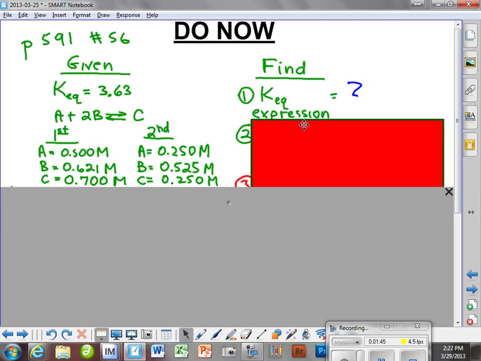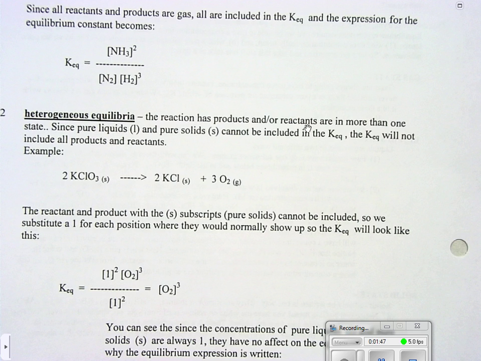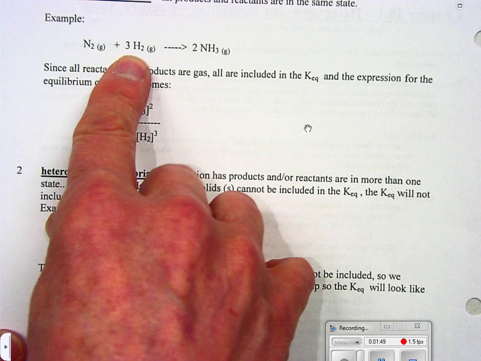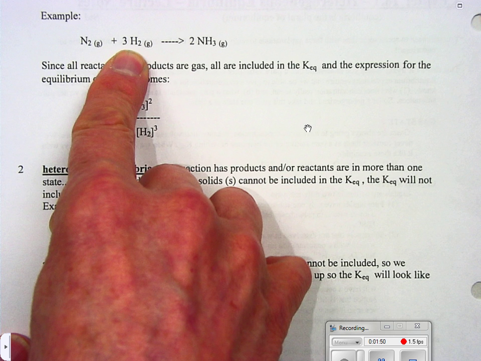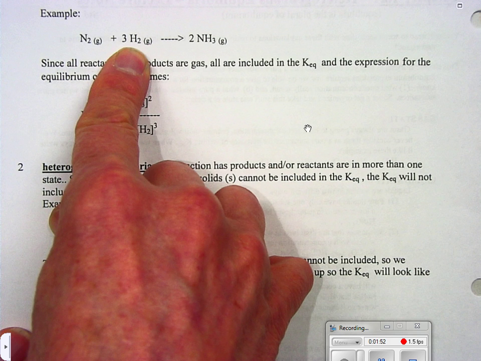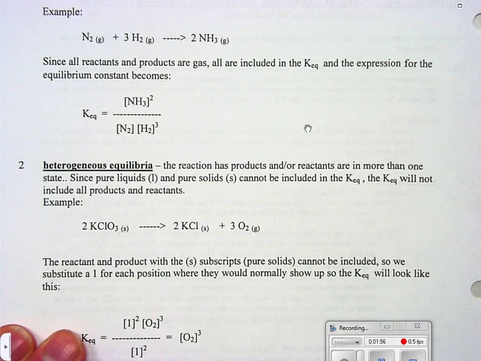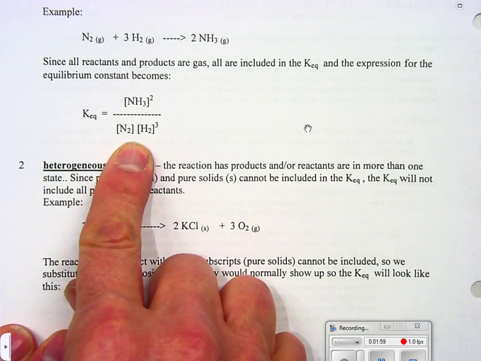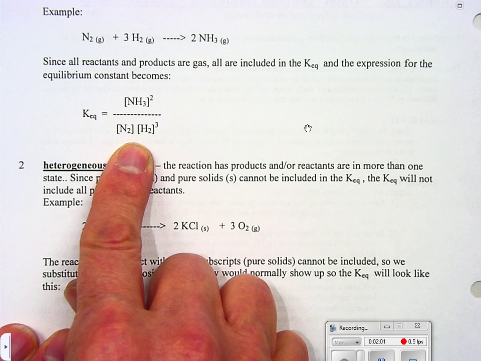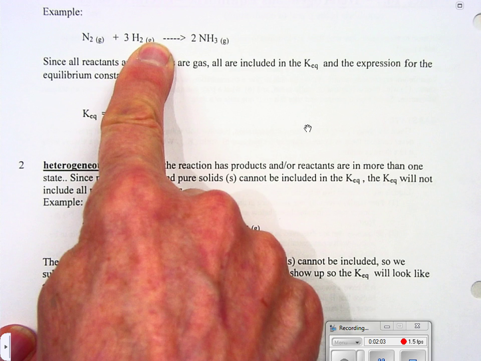We'll go over to the Elmo, and this is a specific equation. This is the Haber process for making ammonia, and this down here is the expression for this balanced equation.